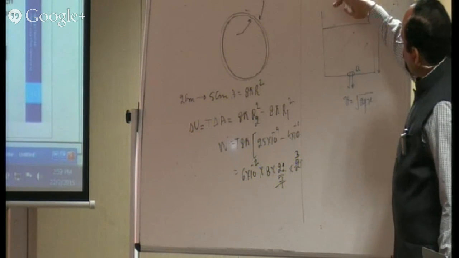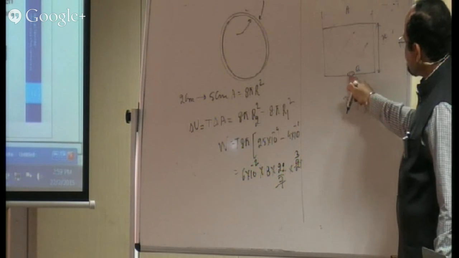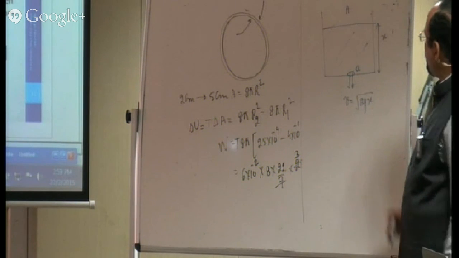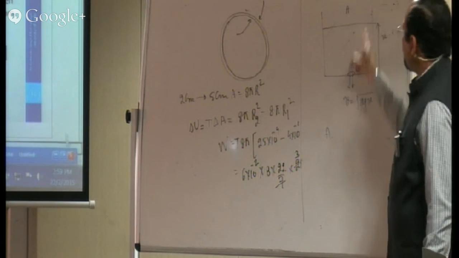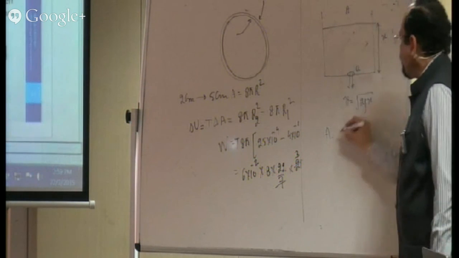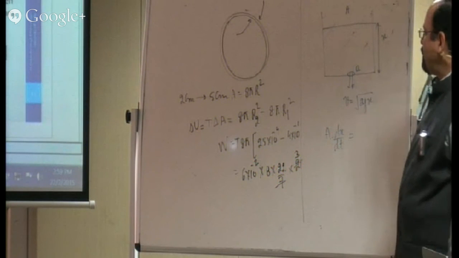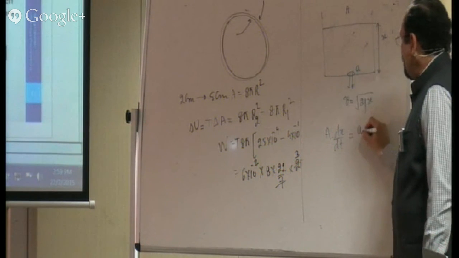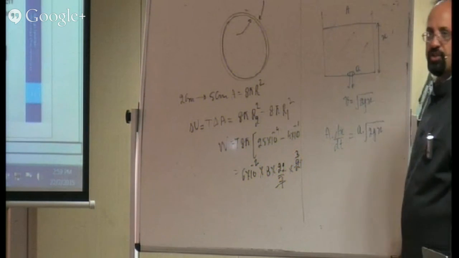But you treat this as the inlet of the pipe and this as the outlet of the pipe. From inlet to outlet, the flow will be A, the area of cross section. The velocity with which this level is going down is dx by dt, equal to small a times the square root of 2gx, that is the velocity.